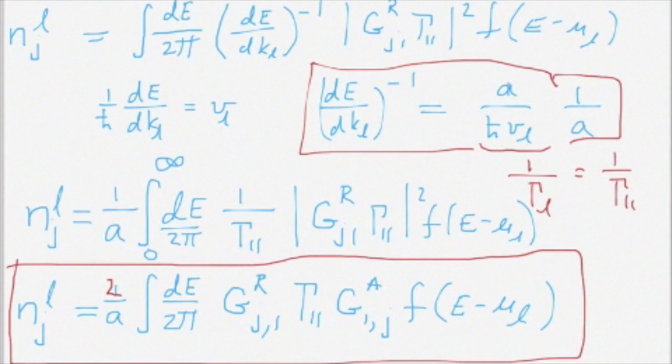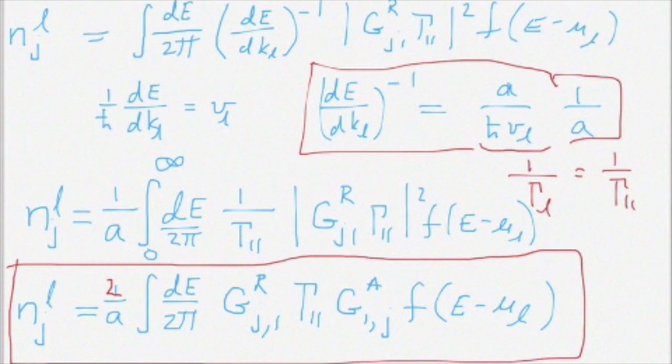And so the final expression, without spin, is this, and then we multiply by 2 and do our same trick with writing gr squared as gr times ga, because that's the way we're going to see it when they actually become matrices.